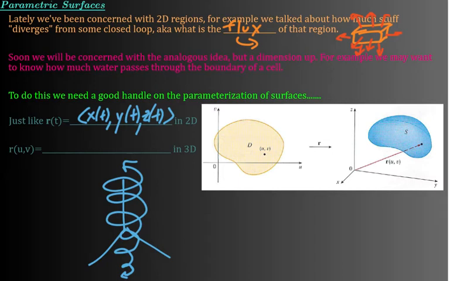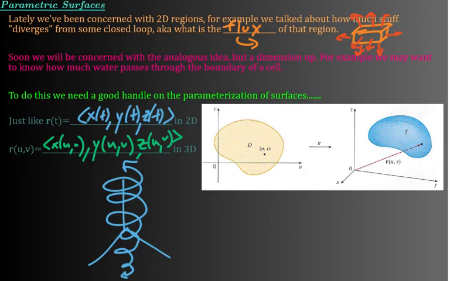Just like with the parametric curves, we had one parameter there, but now we're going to have two parameters instead of one. So when we do parametric surfaces, we typically use u and v: x of u and v, y of u and v, and z of u and v. So u and v are down here in the plane, some point in uv space.